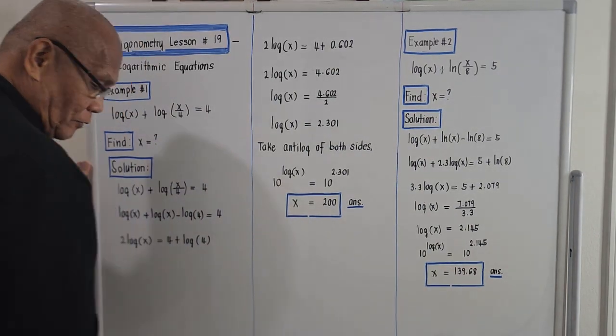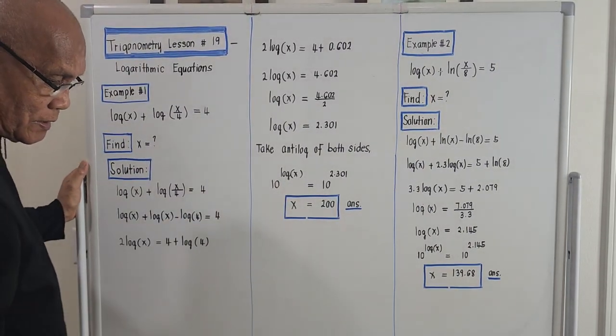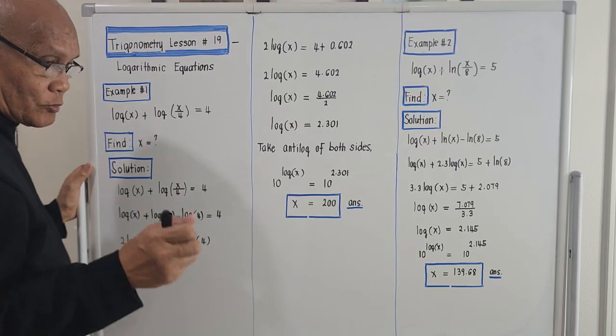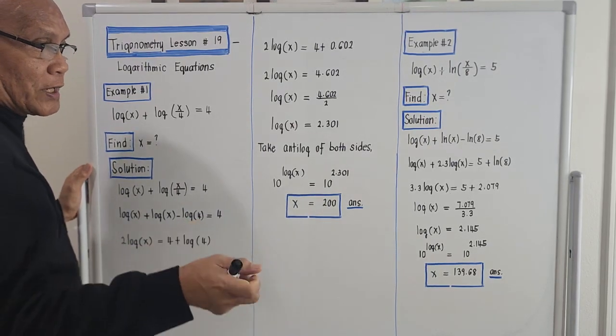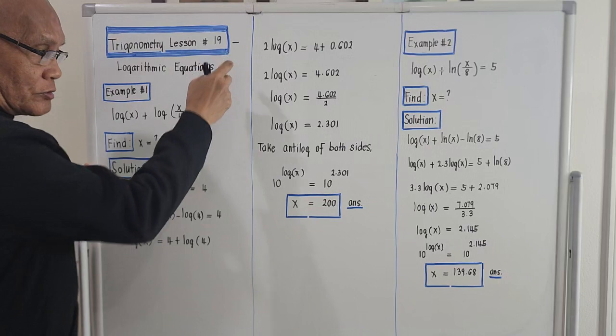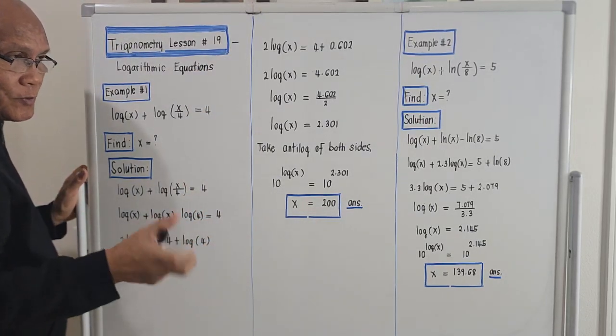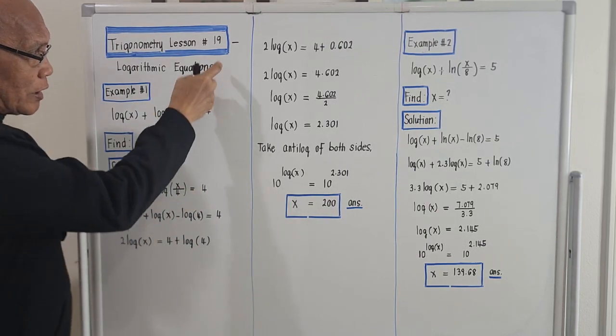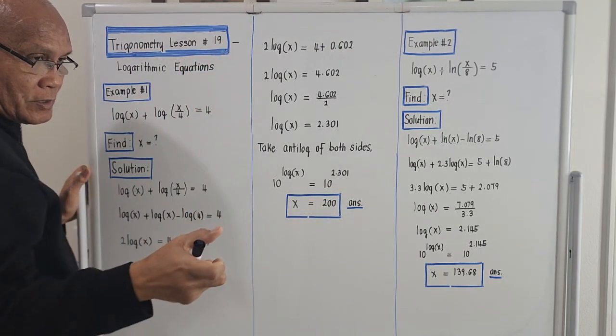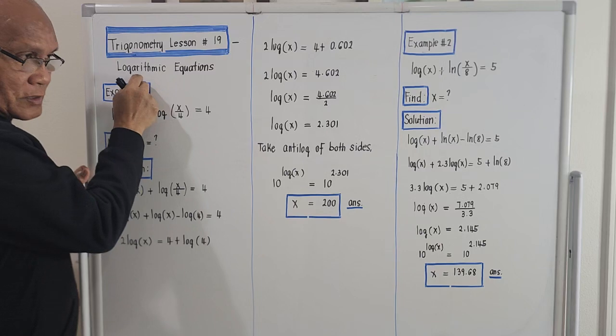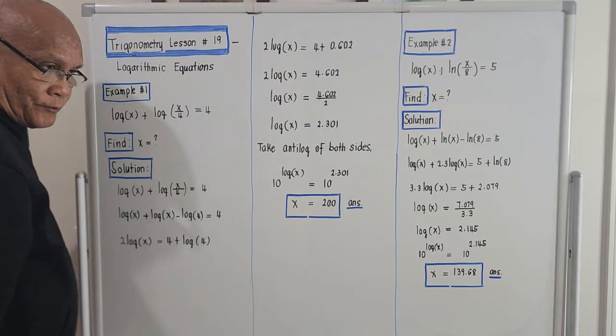The subject matter for tonight will be a long video format on trigonometry, and we are now on lesson number 19. For those of you who are following my long video format topic on trigonometry, the title of the topic is logarithmic equations.